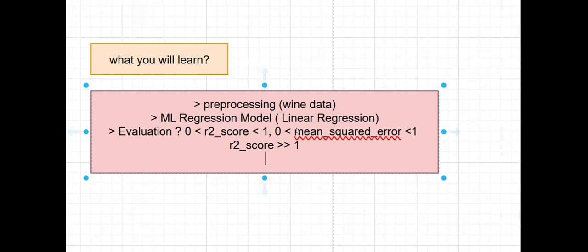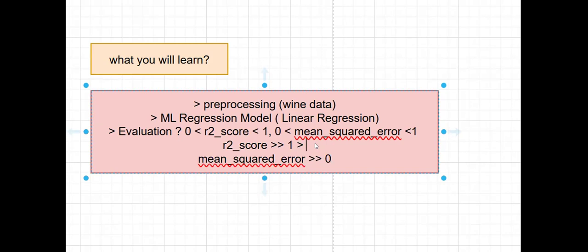Yes. So if mean square error is towards 0, near to 0, then that much accurate our model is performing. If R2 score is near to 1, then that much accurate our model performance is.